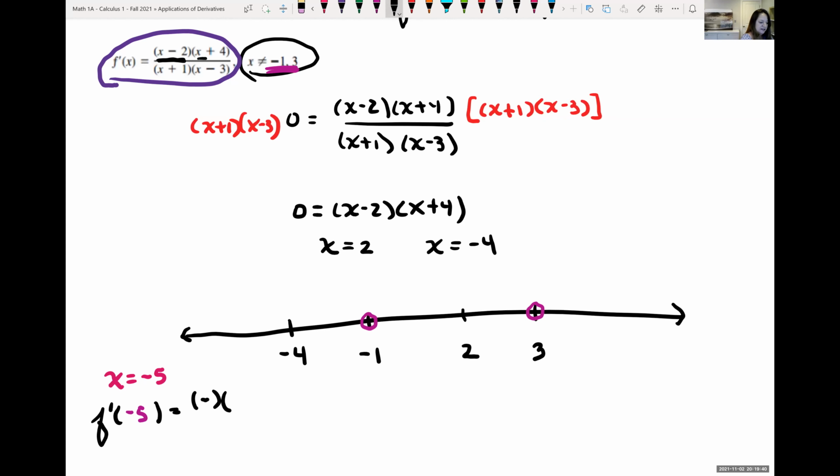If I plug in -5 plus 4, that's also negative. All divided by -5 plus 4, that's a negative number, and -5 minus 3, this is negative. So multiplying two negatives together in the numerator is positive, two negatives together in the denominator is positive, positive over positive is positive. And so this is greater than 0.